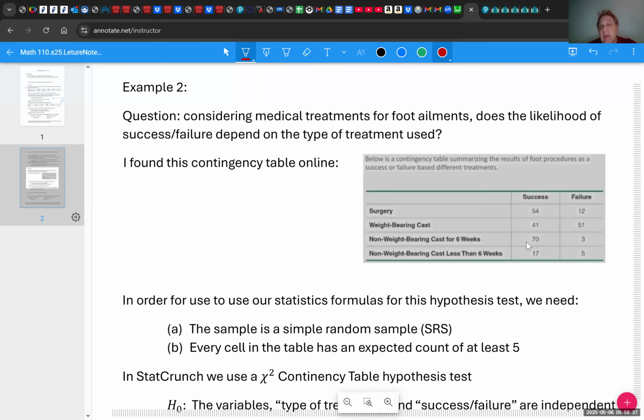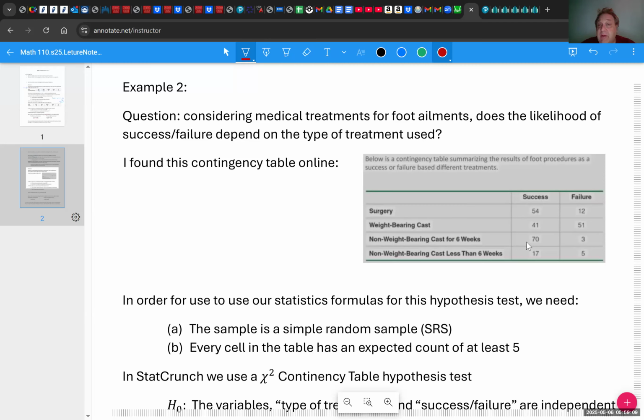Are there some treatments that are better? In other words, is the success or failure independent of the type of treatment, or does it depend on the type of treatment? So that's what we're trying to see, if they're independent or dependent.